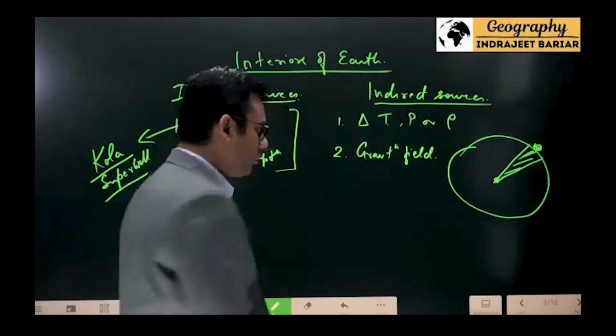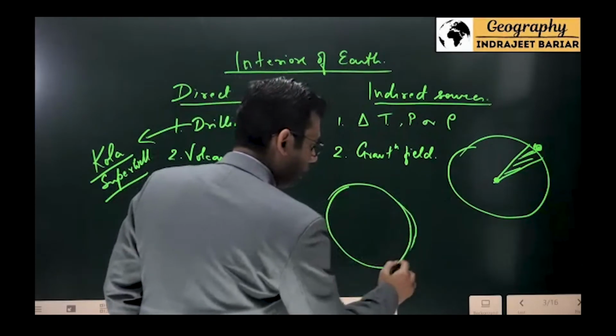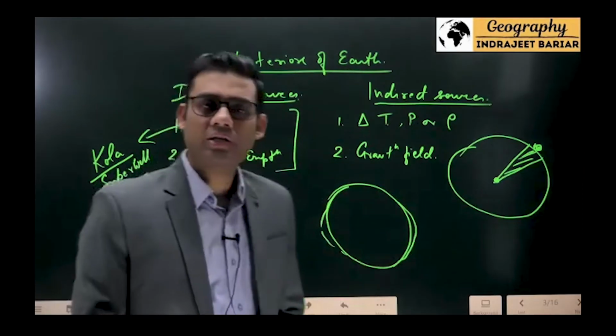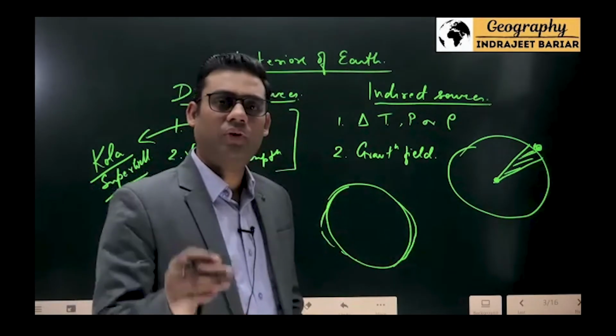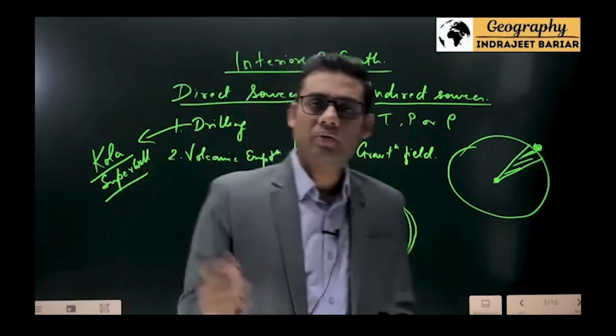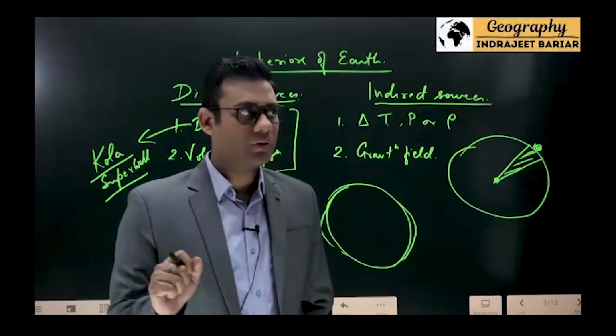Plus, we know the shape of the Earth is not a perfect sphere, but rather an oblate spheroid, a slight bulge. The radius of Earth at different points is also different. All of this results in differences in gravitational field at different places.